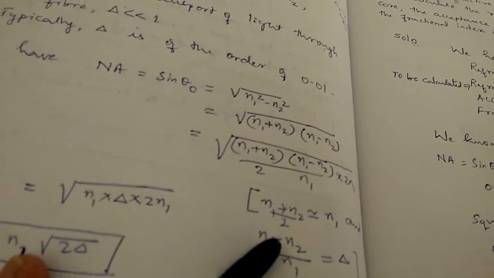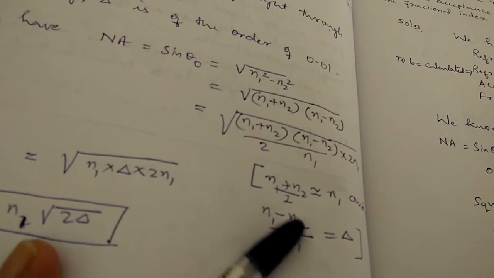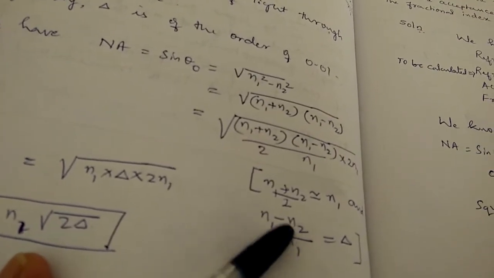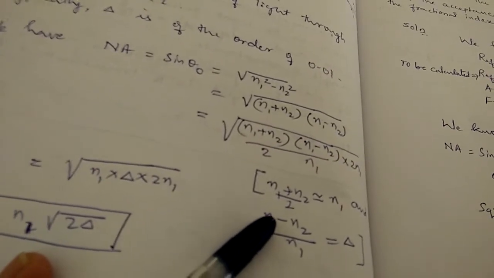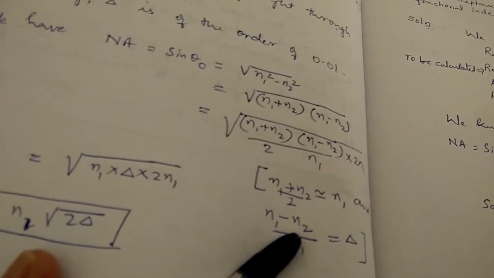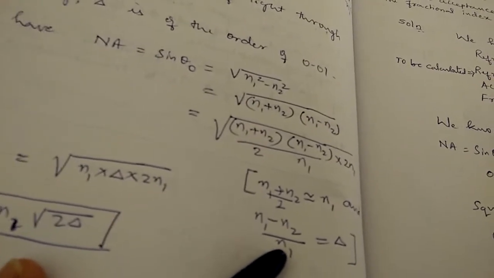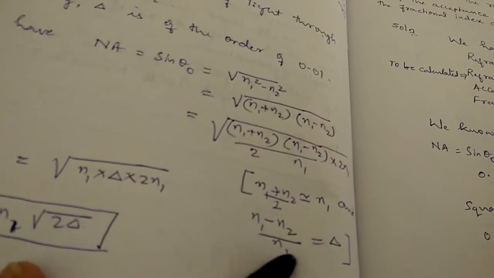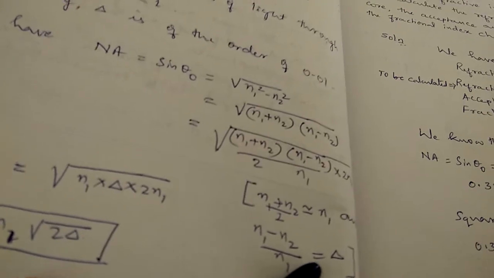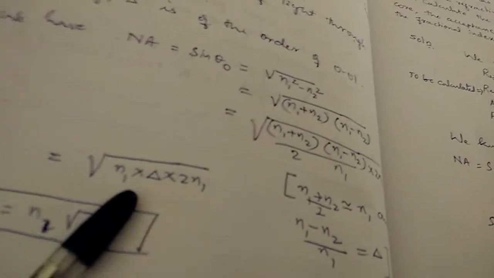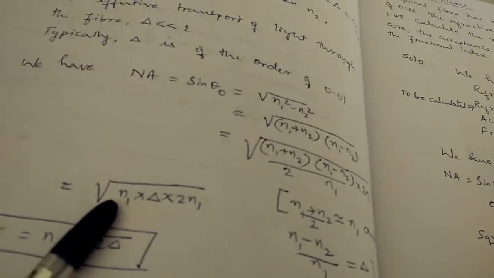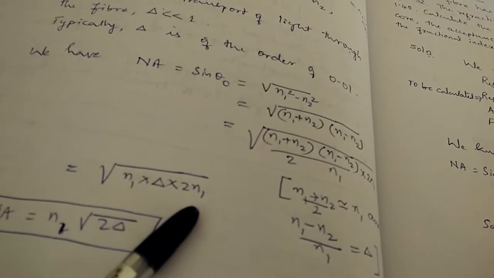And n1 minus n2 by n1 is the ratio between the difference of the refractive index of core and cladding, and the refractive index of the core. This is known as the fractional refractive index change, represented by delta.